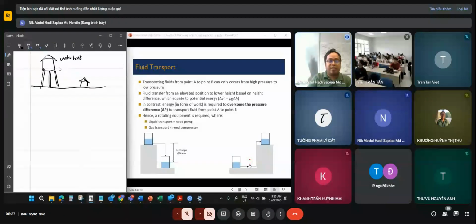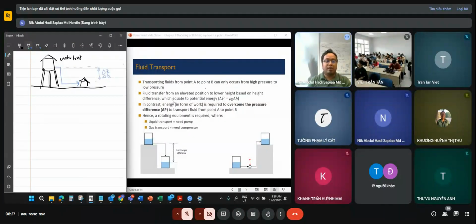This difference in elevation, either delta Z or delta H, would make the fluid transport possible.